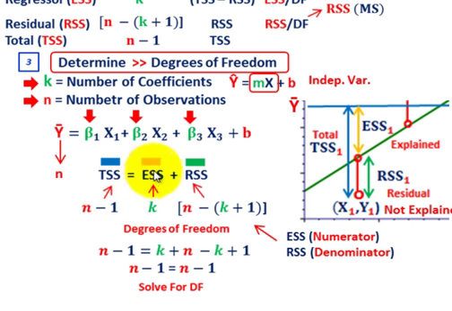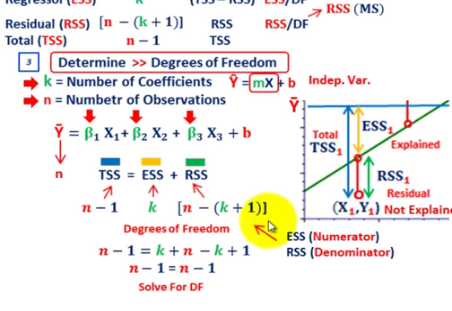For our explained sum of squares, that's that k value, the number of coefficients for each of the independent variables that we're regressing against. And for the residual sum of squares, you take n, the number of data points, and subtract k plus 1 from it.